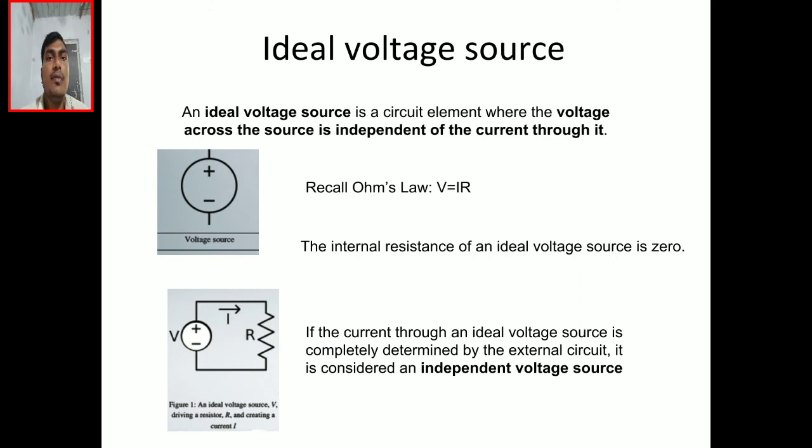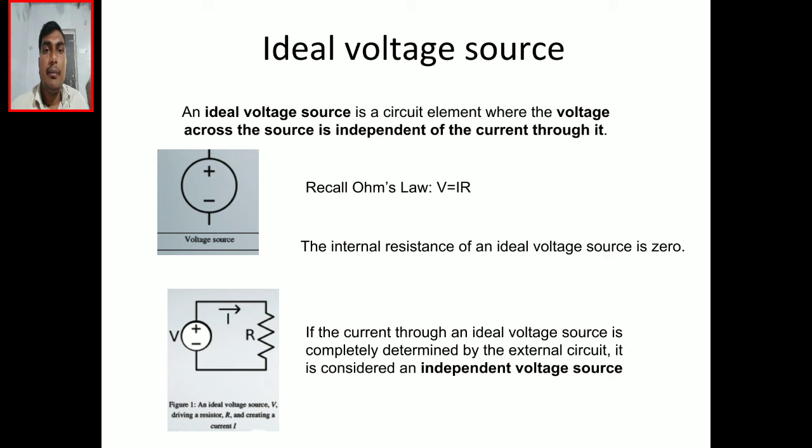See here, the ideal voltage source. An ideal voltage source supplies voltage, and it is not dependent upon any other current flowing through the load. A voltage source supplies current to the load.